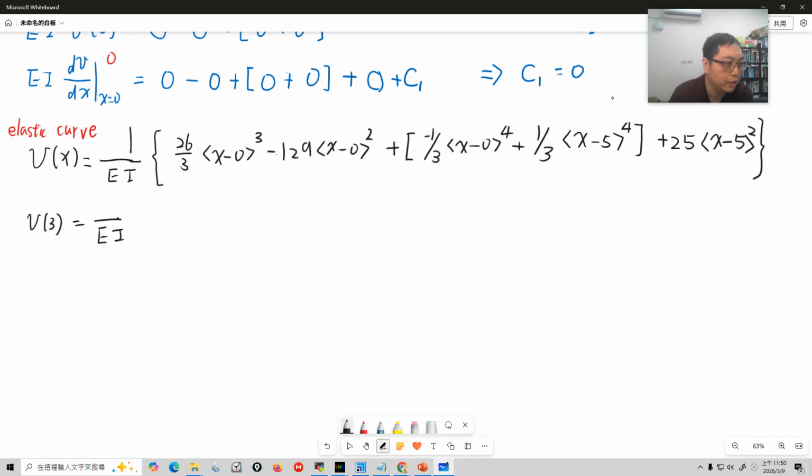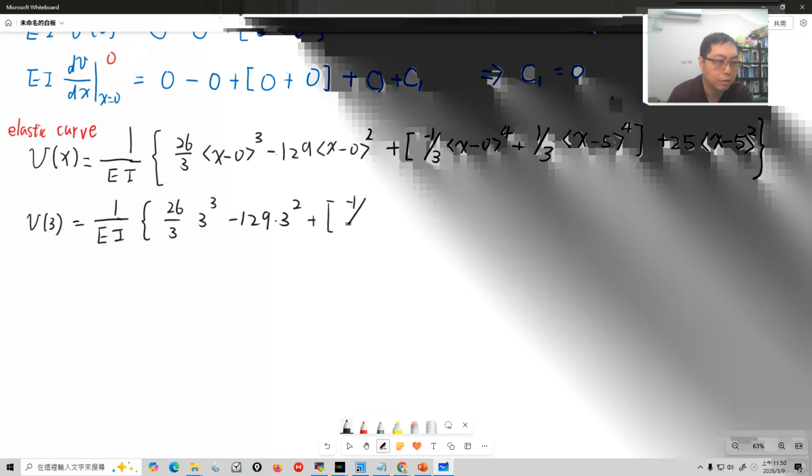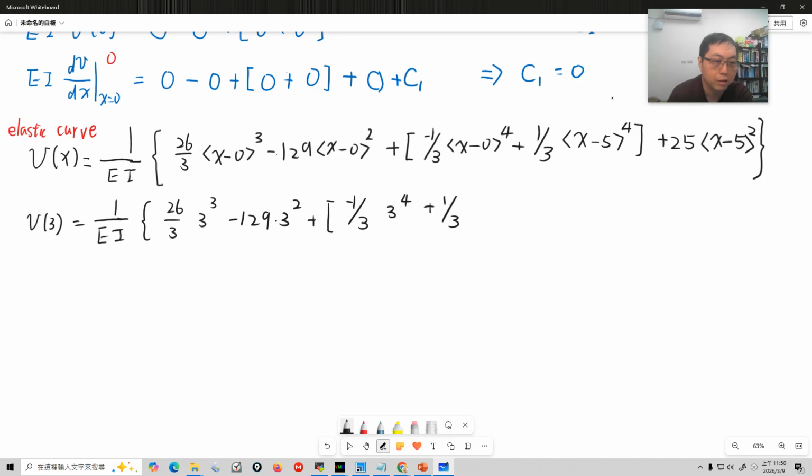So EI v equals, with x equals 3: 26 over 3 times 3, plus 193 squared, plus minus 1 over 3 times 3 to the power 4, plus 1 over 3 times (3 minus 5). 3 minus 5 is equal to minus 2.